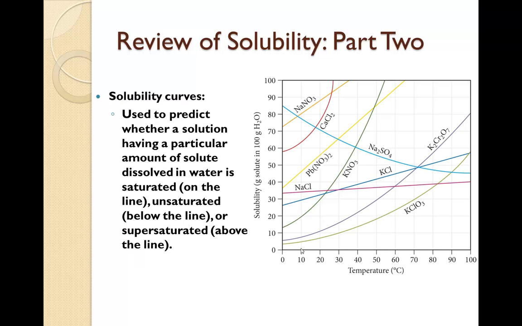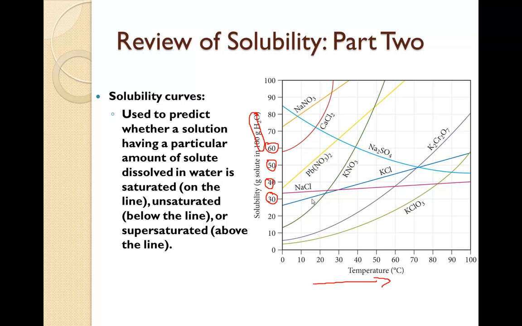This is a solubility curve. Once again, notice 100 grams of water. So this is how many grams of the substance will dissolve in 100 grams of water. And the temperature increases from left to right. And you'll also notice that as the temperature increases, the solubility changes as well.